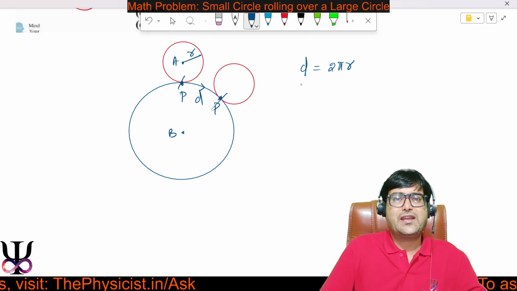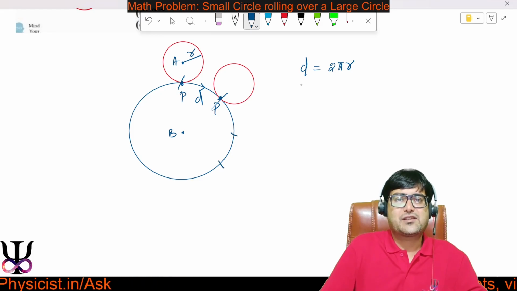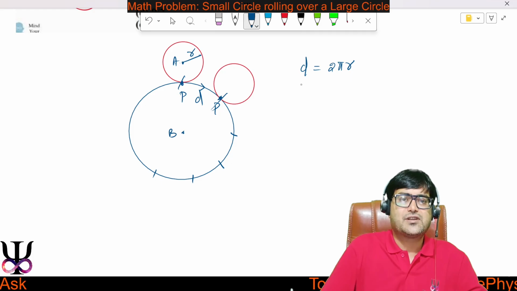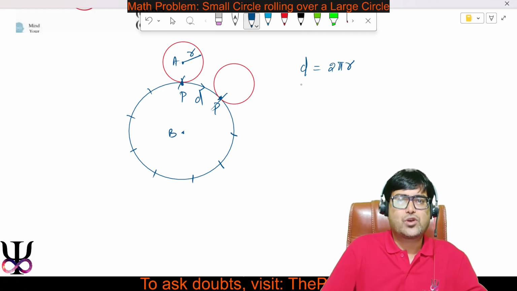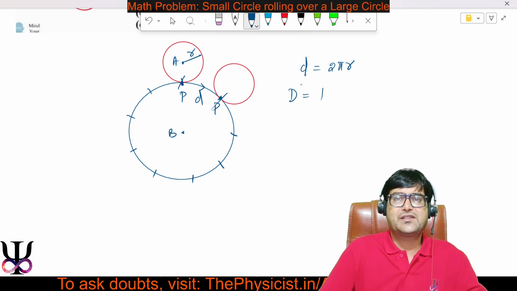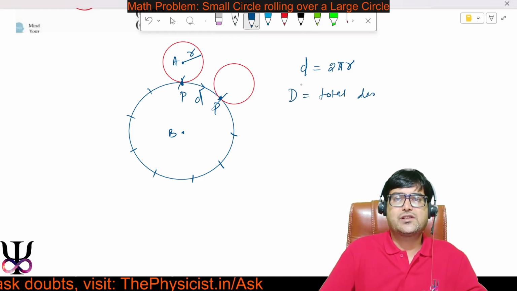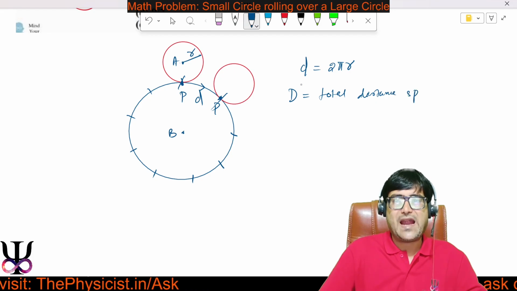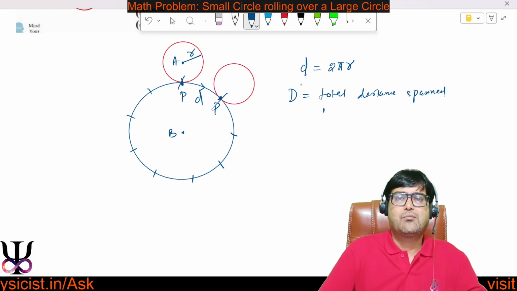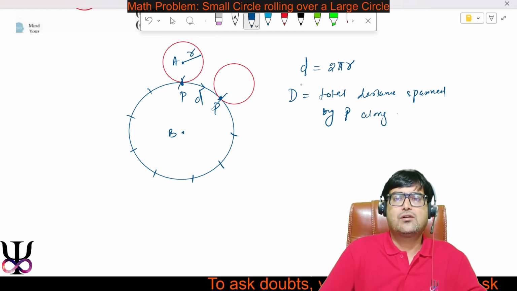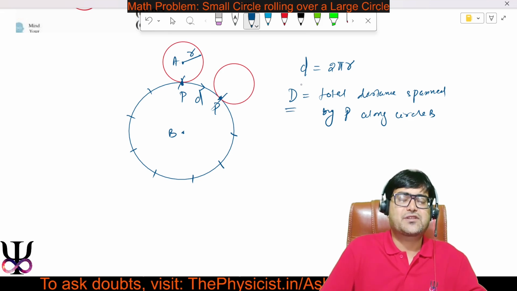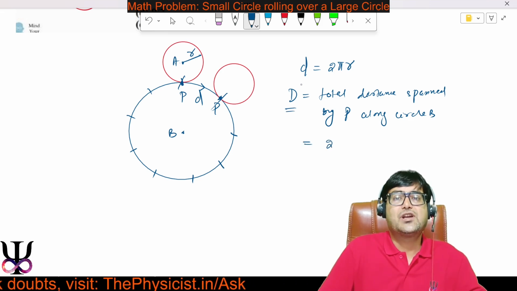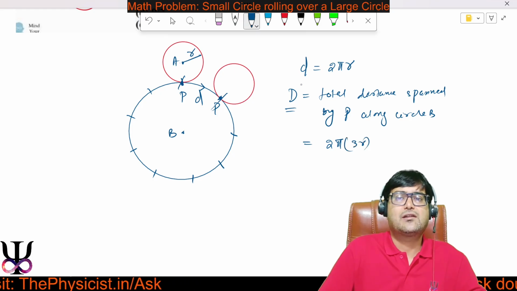Now, imagine in such n number of intervals, point P will come back here. So the total distance spanned by the point P along circle B, let's consider that D. That means the circumference of the larger circle, which is 2 pi times 3r, right?